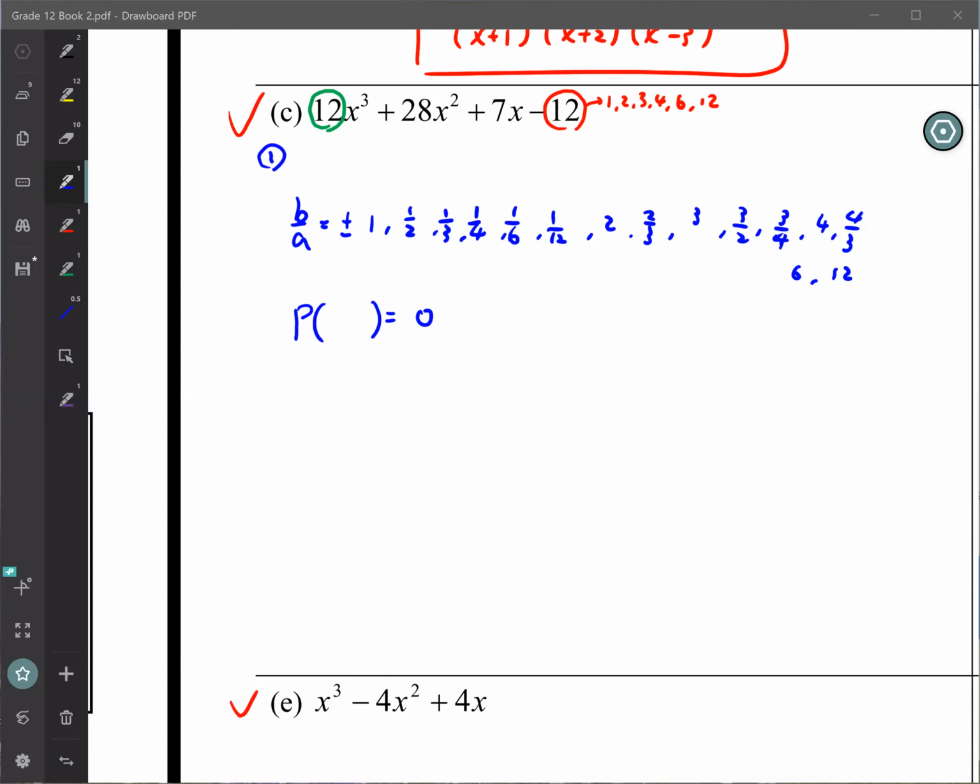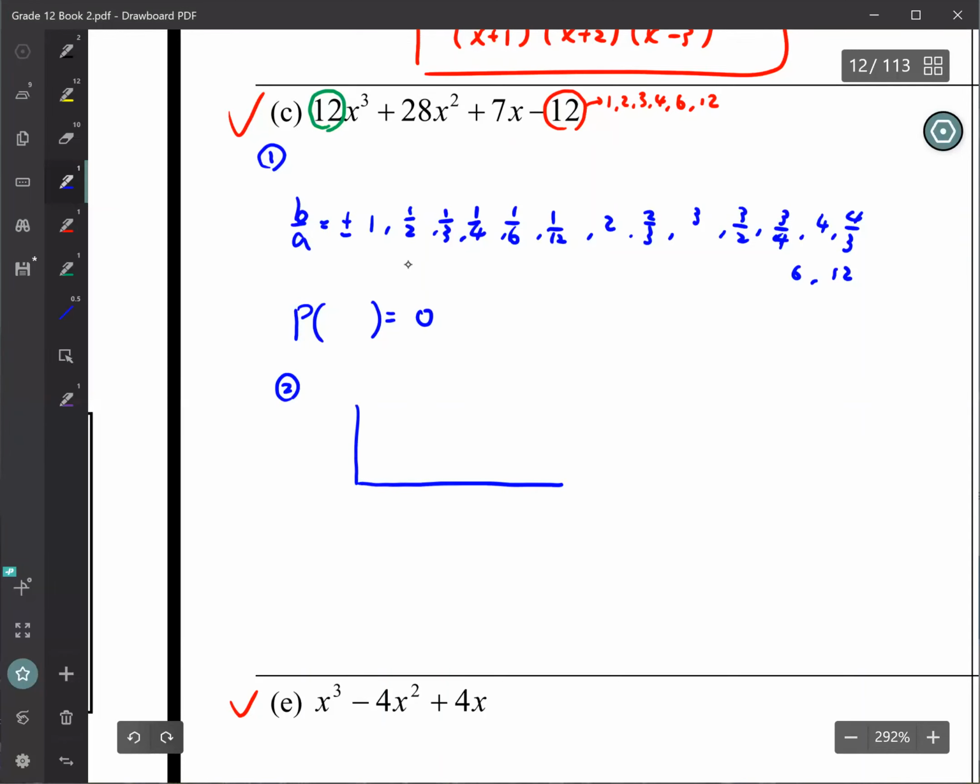So if the positive doesn't work, you can try negative as well. You just need one. You don't need to try everything. Once you found the one that works, you move on to step 2. Step 2, then you do the synthetic division.